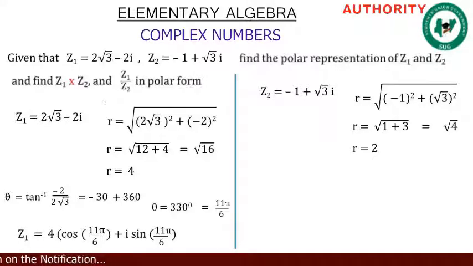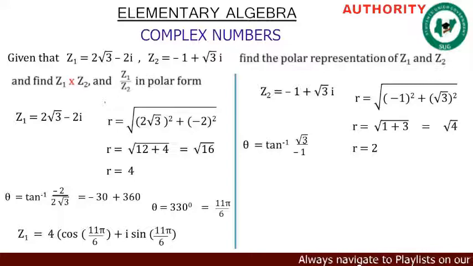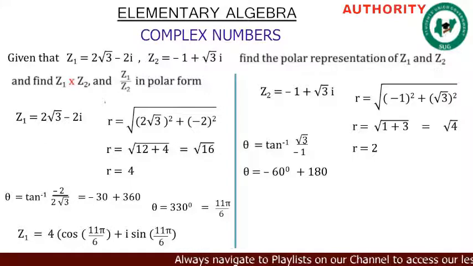So our r in z2 is equal to 2. Let's find our theta. Theta is equal to tan inverse of root 3 all over minus 1. When you punch it into your calculator, we obtain minus 60 degrees.